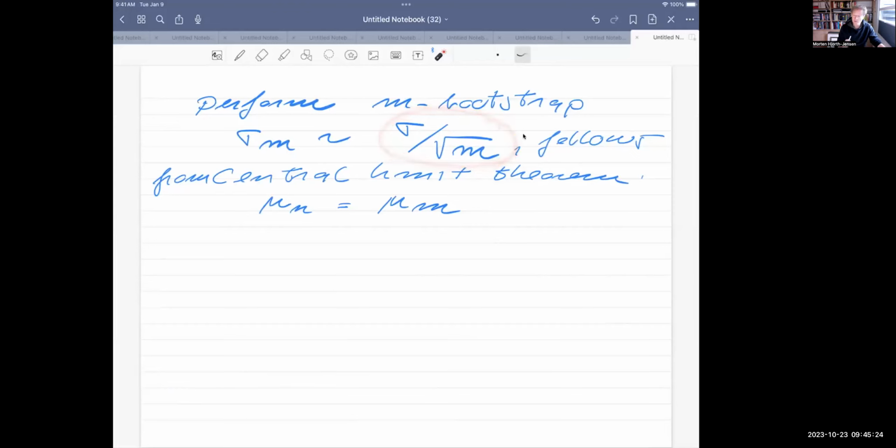If I do that, I should actually get this. If I follow the central limit theorem, I should get this result here. That follows from the central limit theorem.